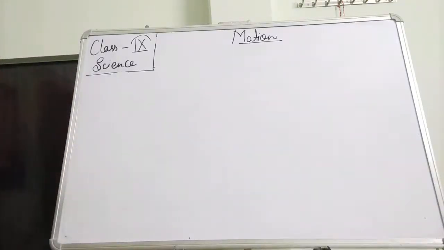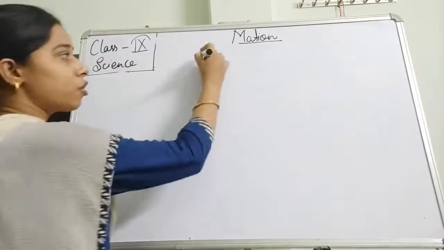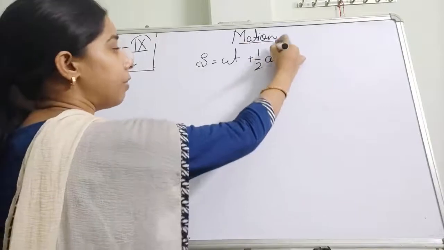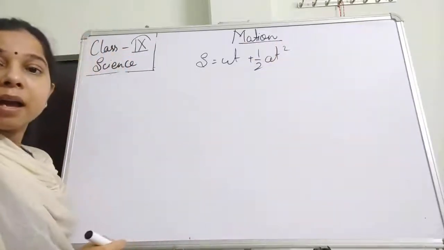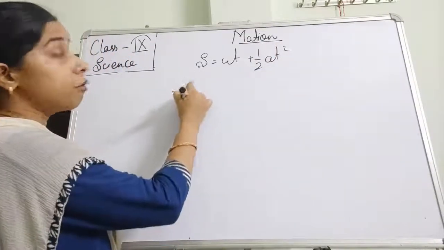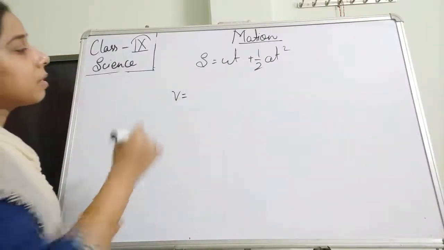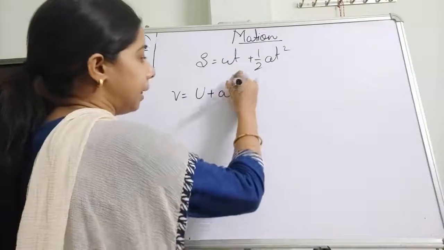So first of all, we have taken the second equation of motion, which is represented by s equals ut plus half at square, right? And we have taken the first equation of motion, which is represented by v equals u plus at.